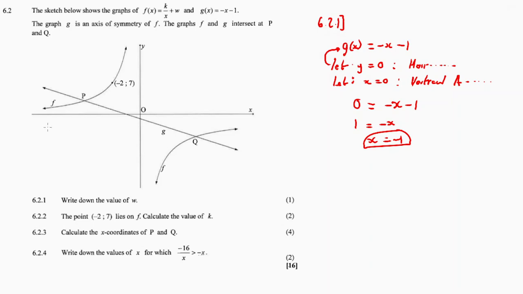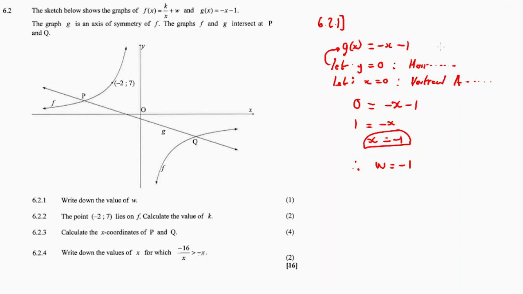It means the function passes here, it never touches x equal to minus 1. So that means that's my W. In order to find the vertical asymptote, I let x be equal to 0. So therefore my W is equal to negative 1.